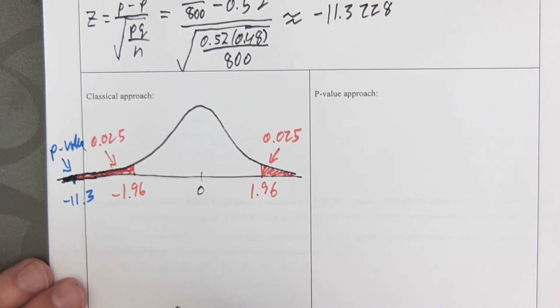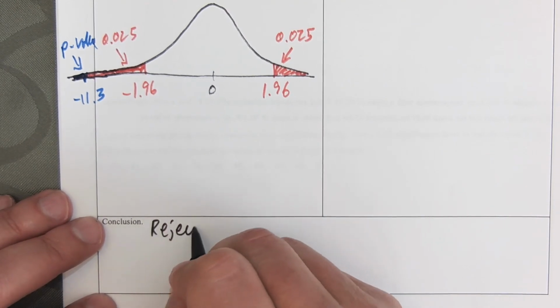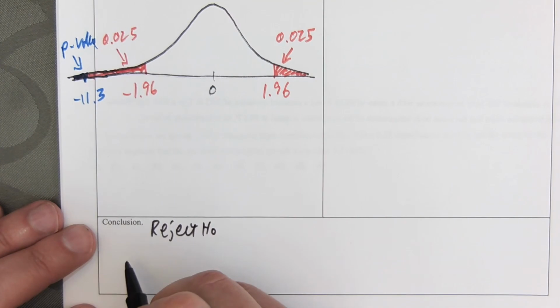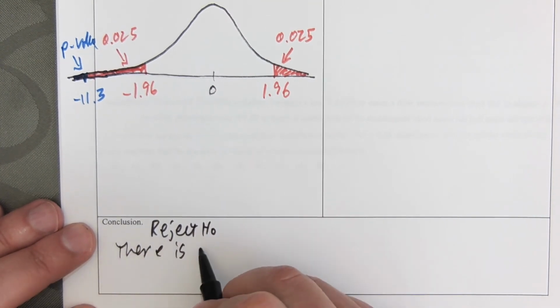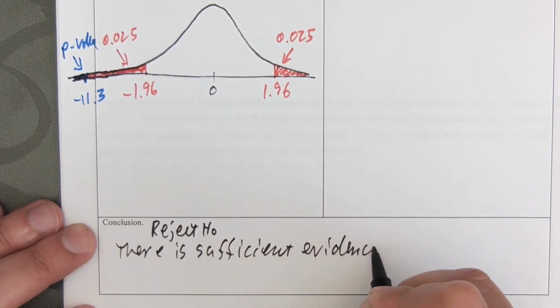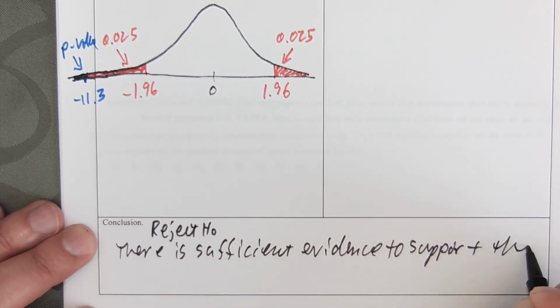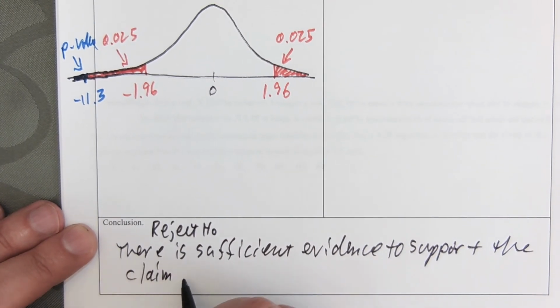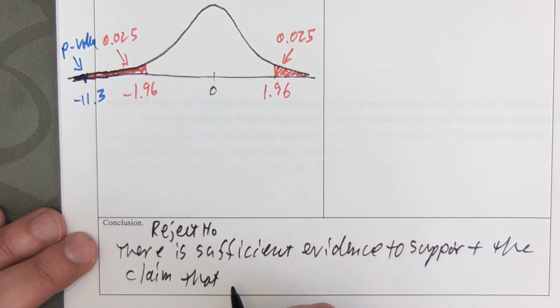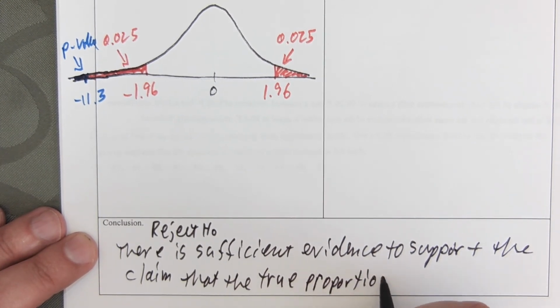So our conclusion is we're going to reject the null hypothesis. Which means there is sufficient evidence to support the claim that the true proportion has changed.